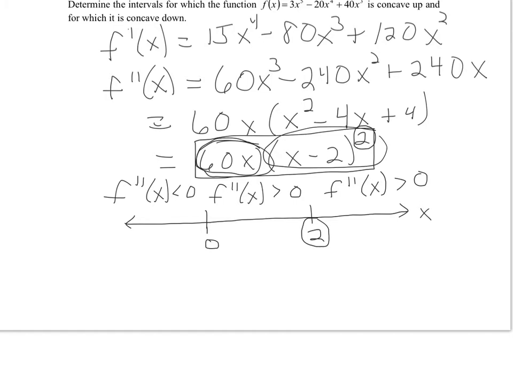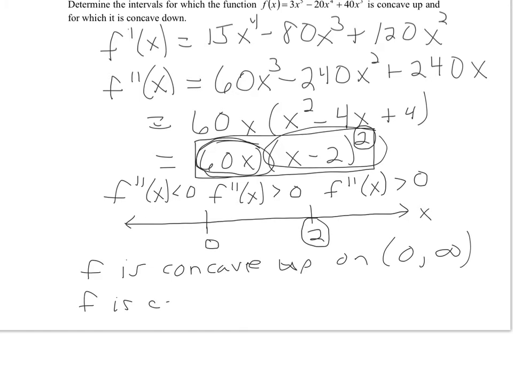So from this number line, we can probably go ahead and conclude that the function f is concave up when x is greater than 0, so on the interval from 0 to infinity, and that f is concave down when x is less than 0, so on the interval from negative infinity to 0.